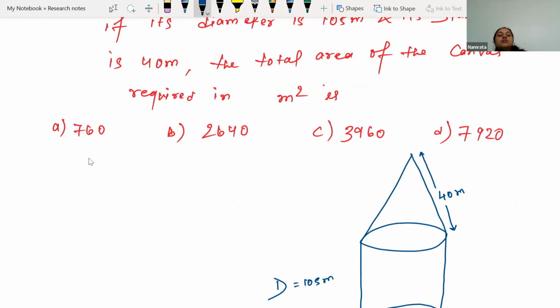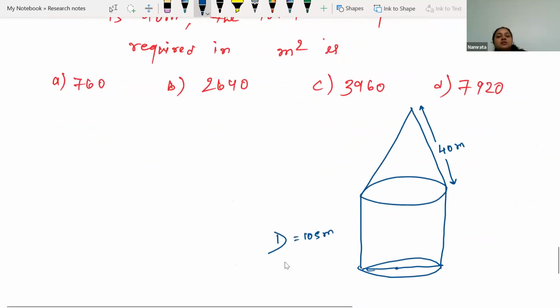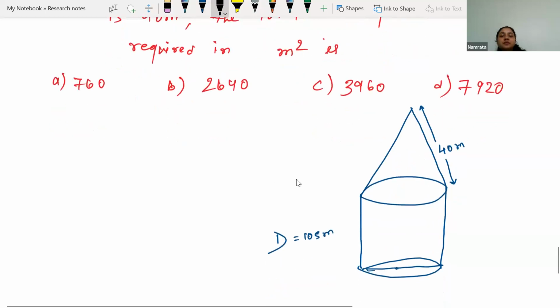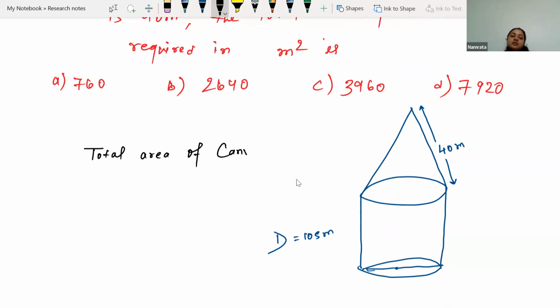The total area of the canvas required. So what is the total area of the canvas? Anyone from here, how to do that? What will be the total area of the canvas required over here? Do we add the CSA of the parts together?